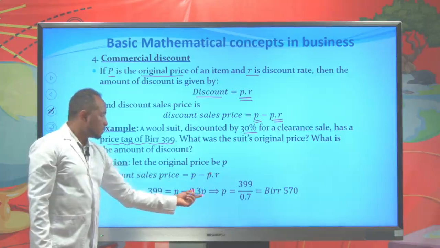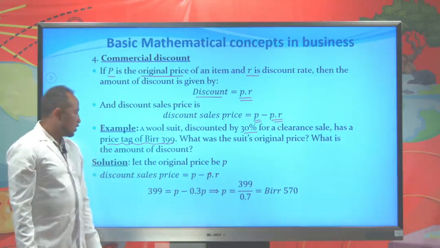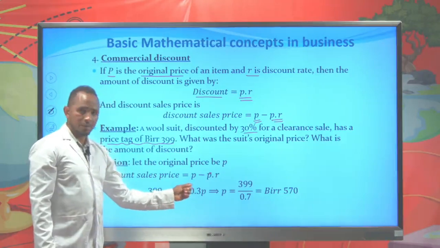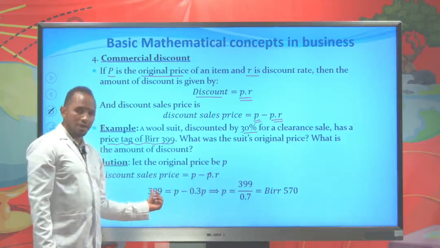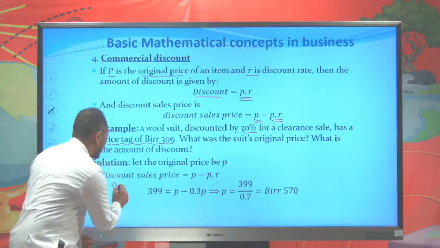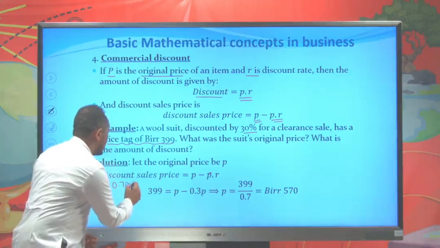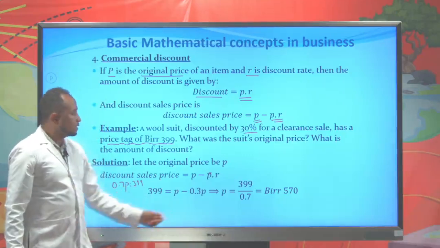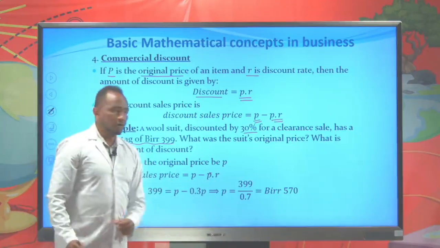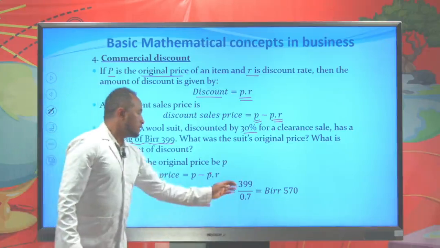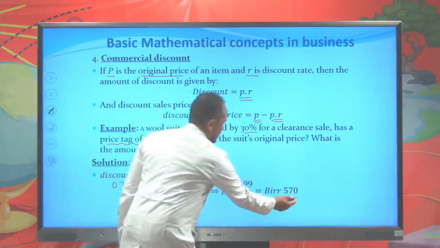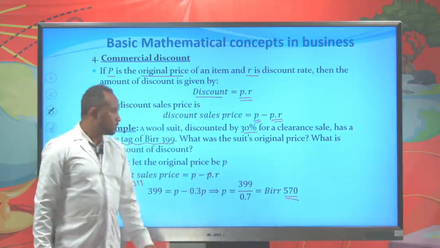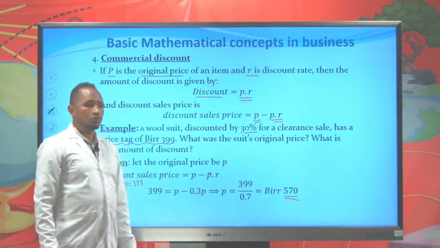So you will have P minus 0.3P, which is 0.7P. 0.7P is equal to 399. Therefore, dividing by 0.7, you will have 399 over 0.7. When you divide this, you will have 570 birr. This is the original price of this woolen suit.